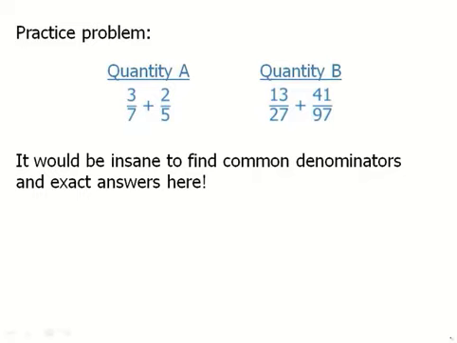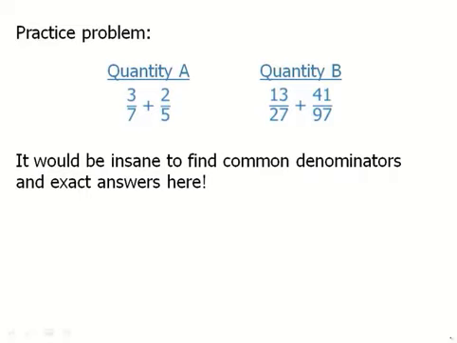And the people who actually do those calculations, let me figure out exactly what quantity A equals, let me figure out exactly what quantity B equals, the people who do those calculations have fallen into a trap, because that's not what the question is about. Think about it this way. Look at that first fraction in quantity A and the first fraction in quantity B. Let's look at that fraction 13 over 27.